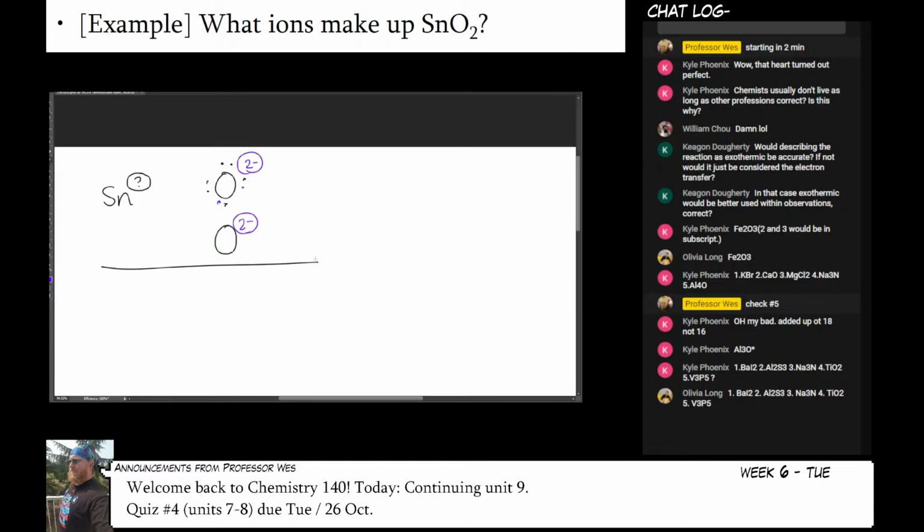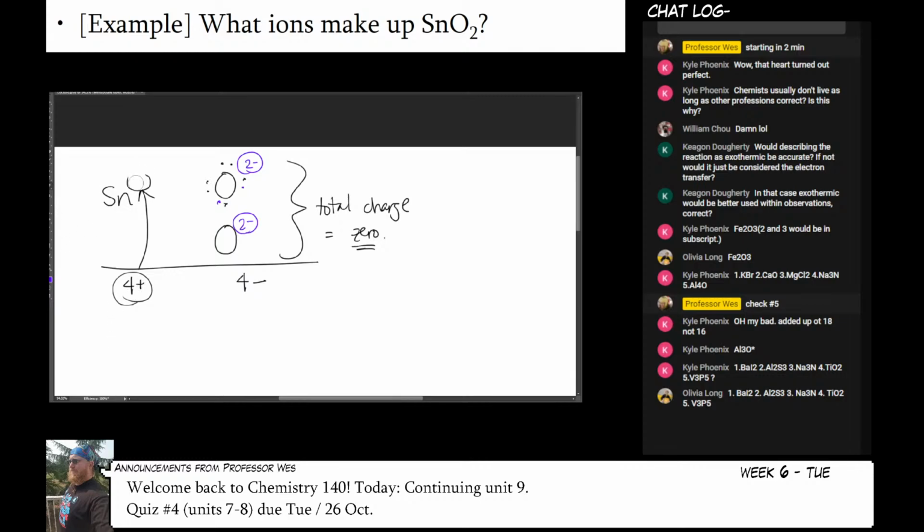So remember, what do we know about the ions all added together? Well, the total charge equals 0, right? So if I have -4 here, what's got to go here, and thus must be this thing? Well, if the total charge is 0, it's got to be +4.